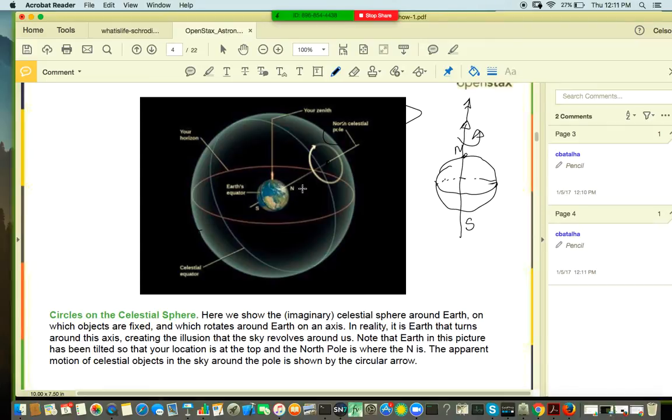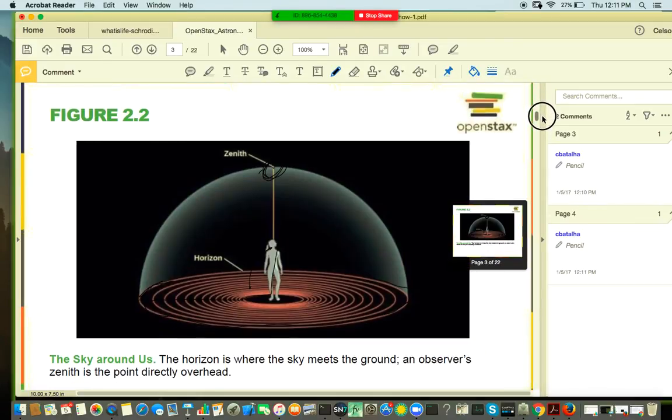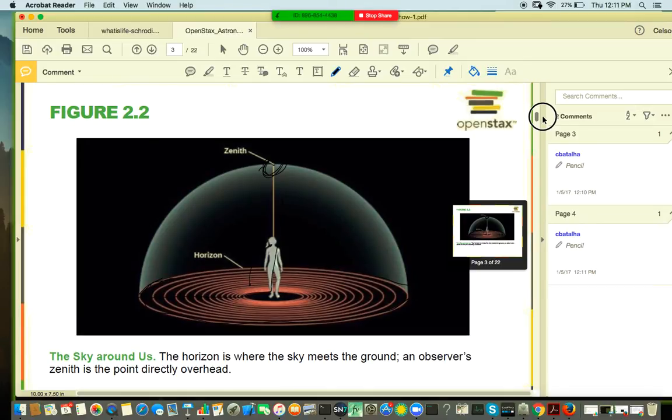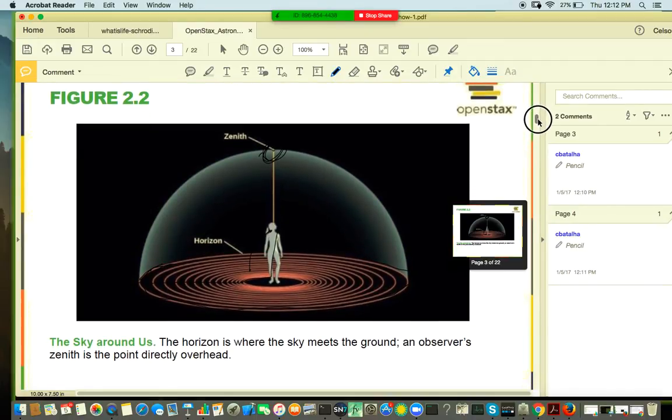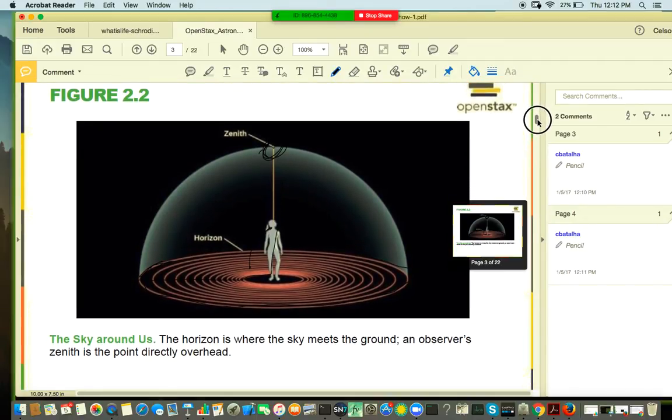And here, what you're seeing is Earth tilted with respect to this zenith point. So the zenith point, here's you, if you go back to the previous picture. You're standing on some area of our planet, looking up towards your zenith point.